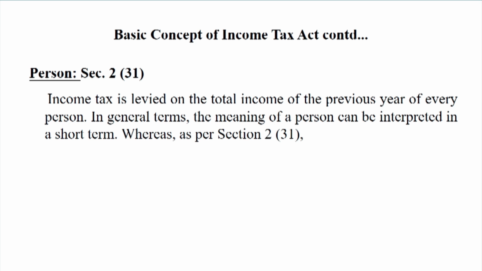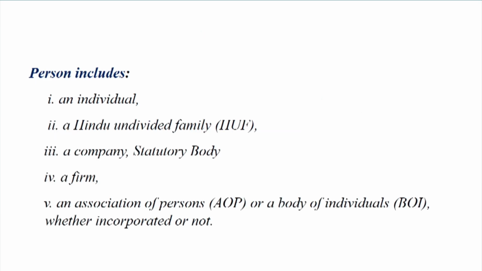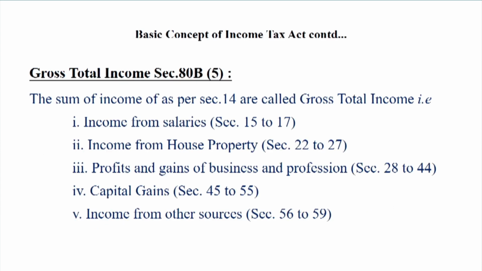We have also discussed the person. Person is given in section 2 subsection 31 of income tax. Person includes an individual, HUF, a company, a statutory body, a firm, association of persons, body of individuals, whether incorporated or not. These are the examples of the person.